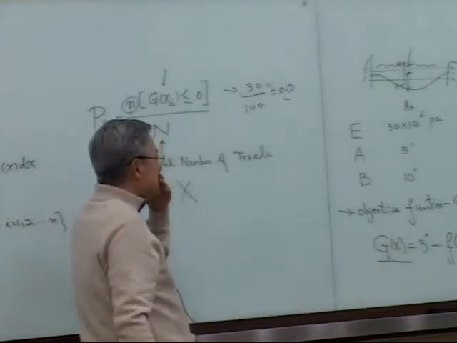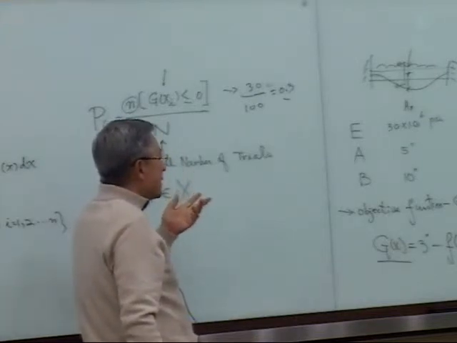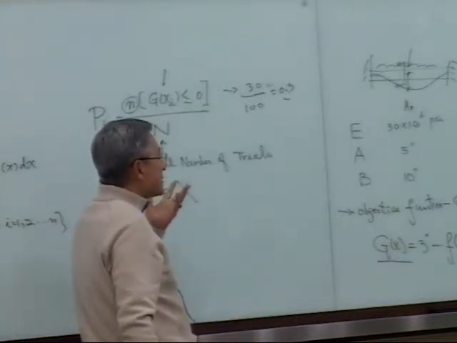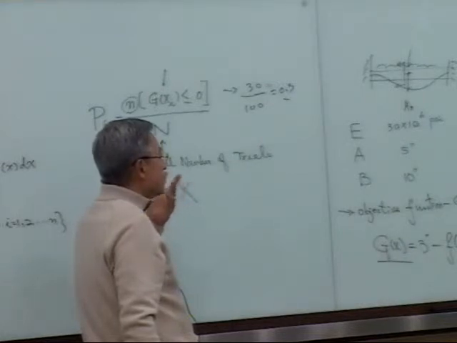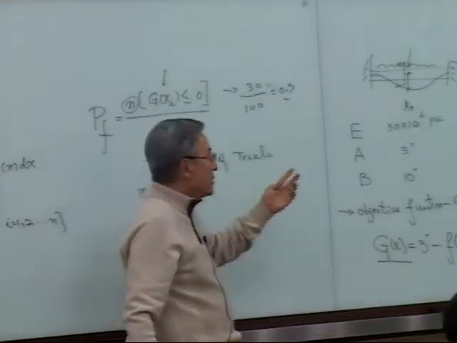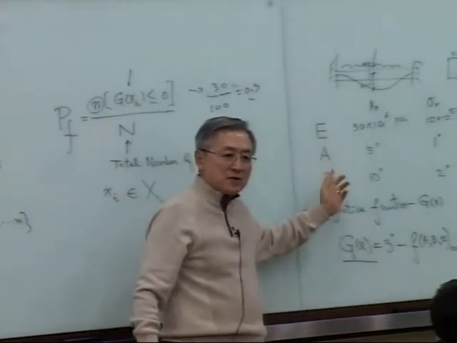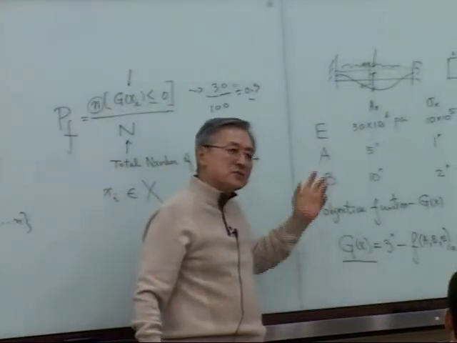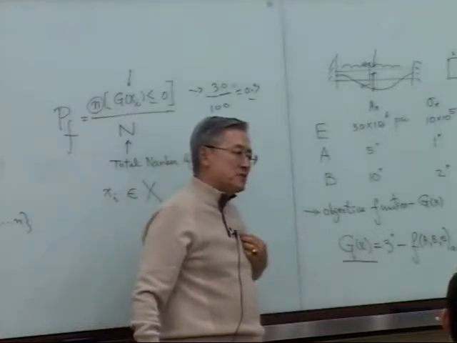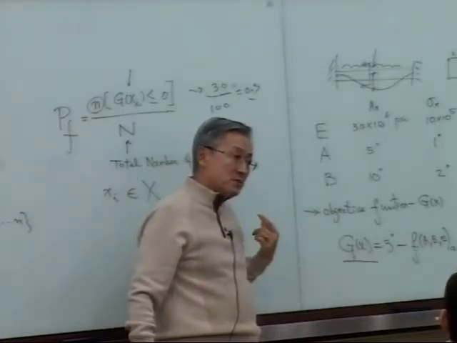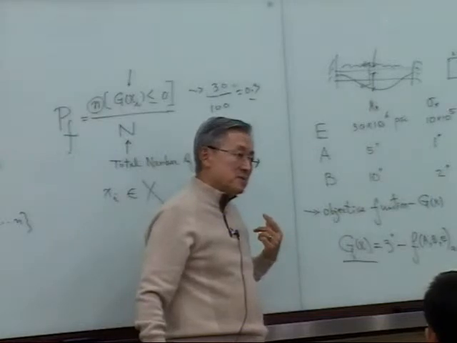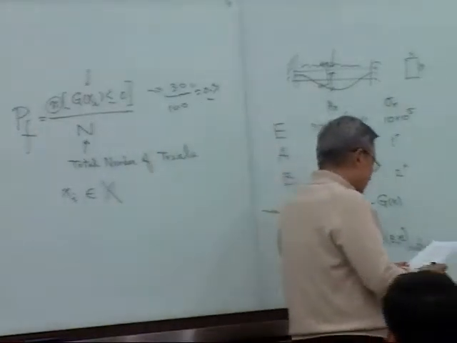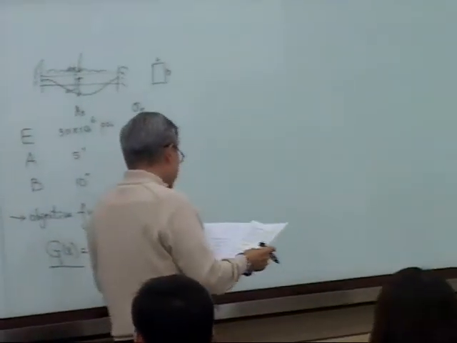Then in the process of computing, how do you pick out the random variable, the random trial set, xi? How are you going to pick out the trial set? That's the question.